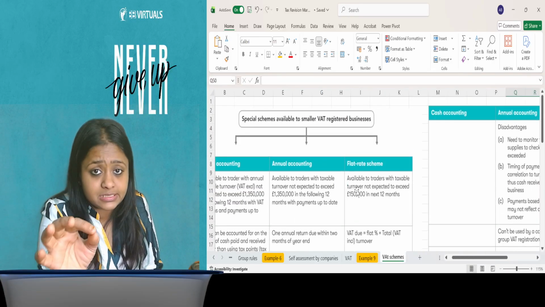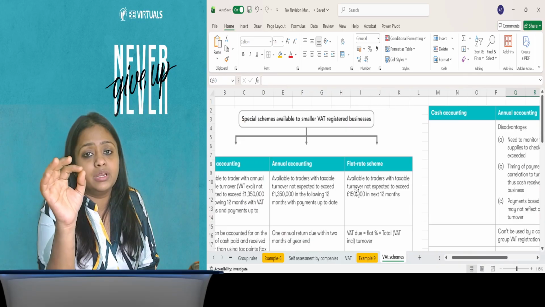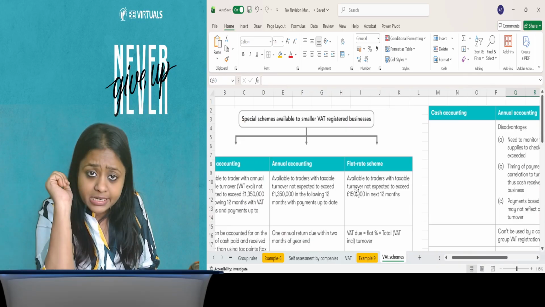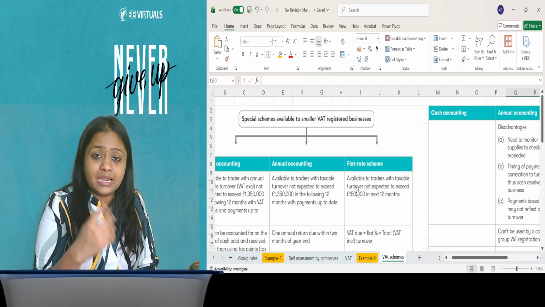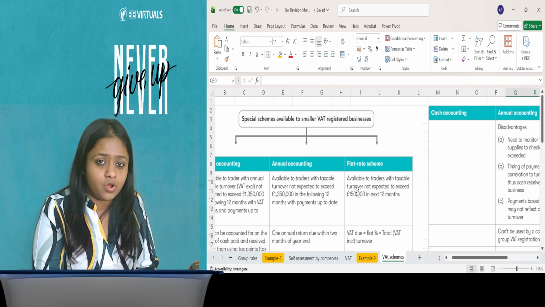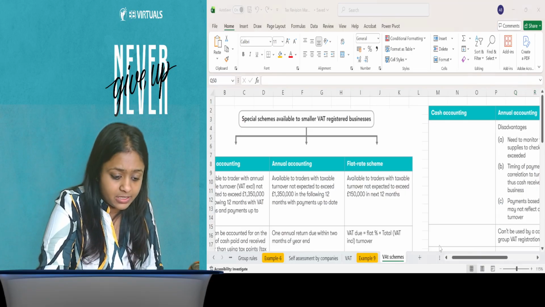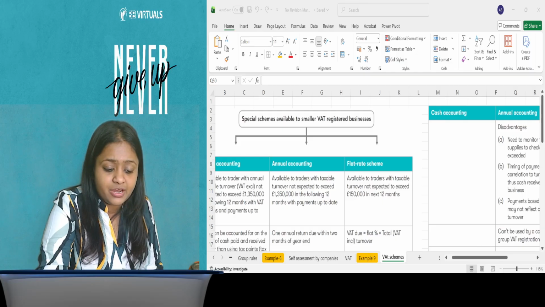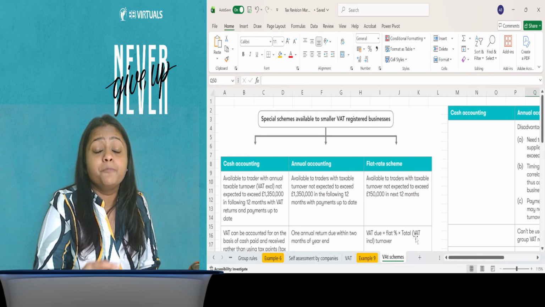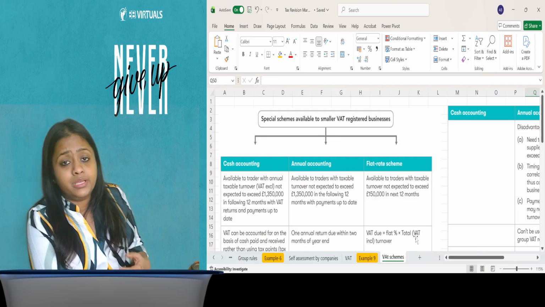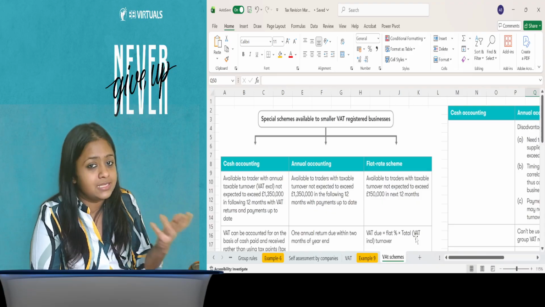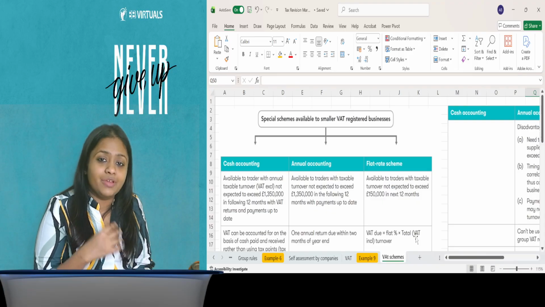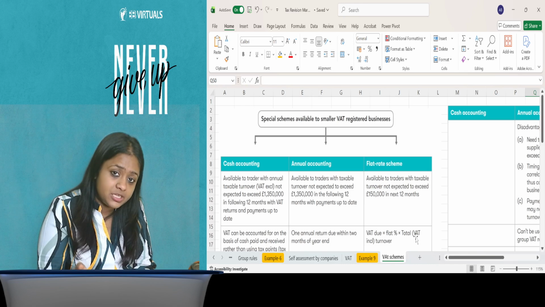Very frequently tested. There are some special schemes that are available to very, very small traders, basically to ease their VAT burden: administration, calculation, all that. First is the cash accounting scheme. Instead of doing the calculation on an accrual basis for purchases and sales and calculating VAT on it, for very small traders, and very small means what?